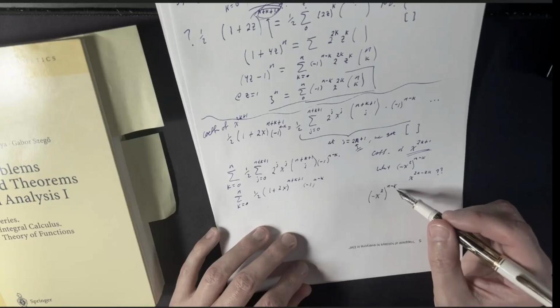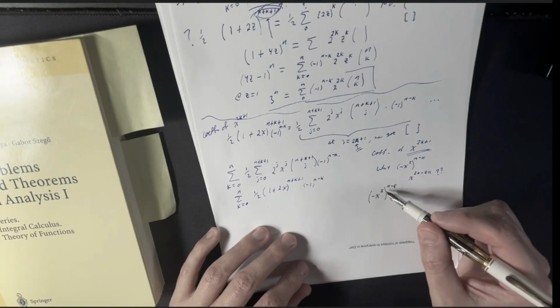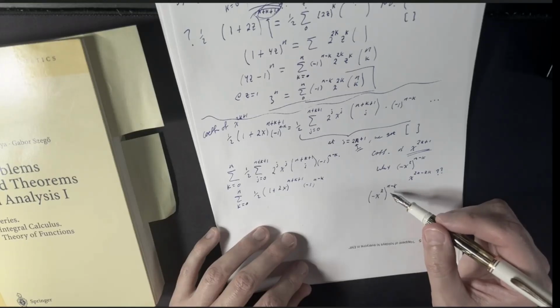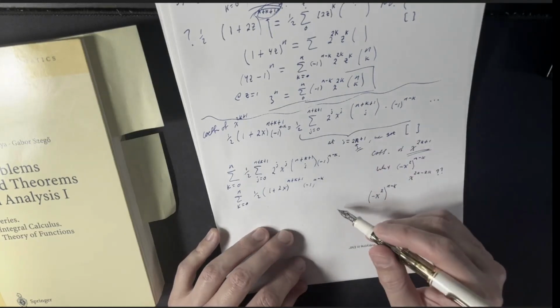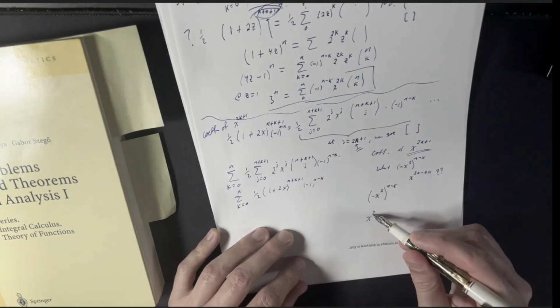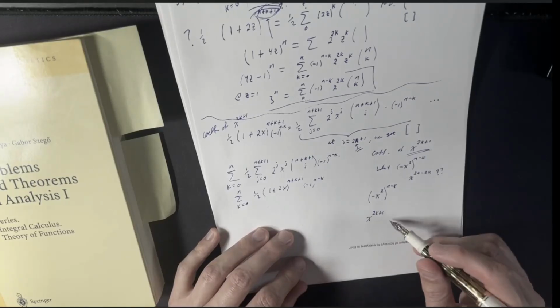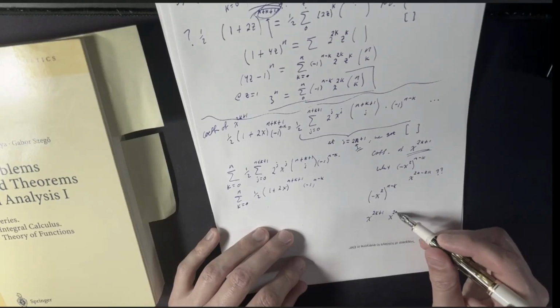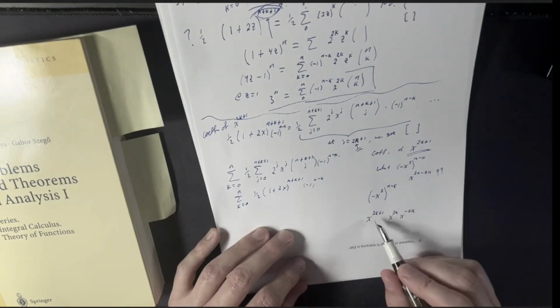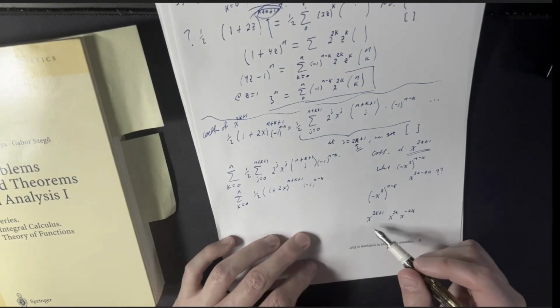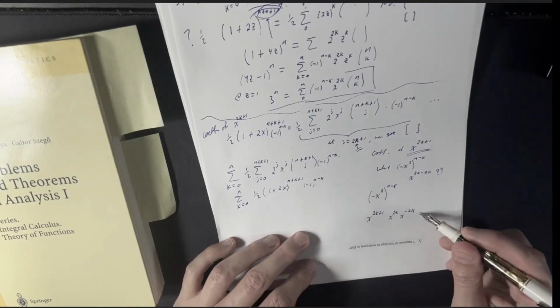This effectively adds 2k and subtracts 2n. Well, in any case, suppose you had a term like x to the 2k plus 1. When you do this to it, it absolutely exchanges your x to the 2k plus 1 with x to the 2n plus 1, right?